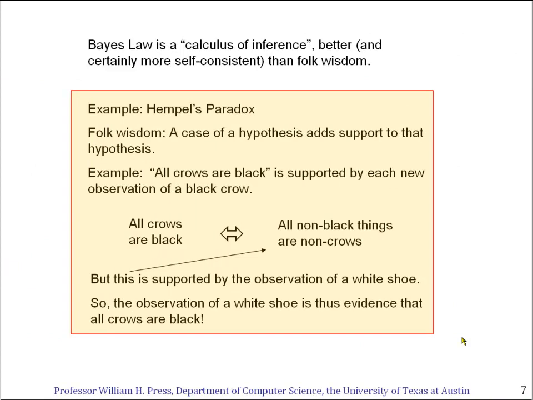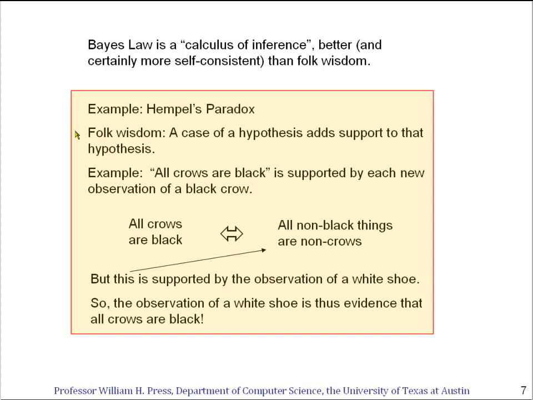Let's talk a little bit more about Bayes' law as a calculus of inference. And here's a famous example that instead of using Bayes' law asks what conclusion would we come to if we just use a piece of folk wisdom about inference. So this example is called Hempel's Paradox. And the folk wisdom is this, that when you witness a case of a hypothesis, it should add support to that hypothesis.